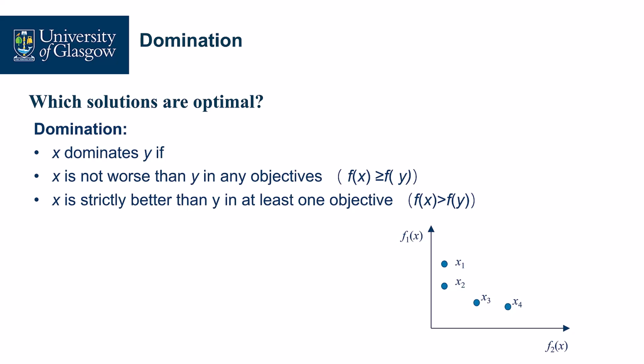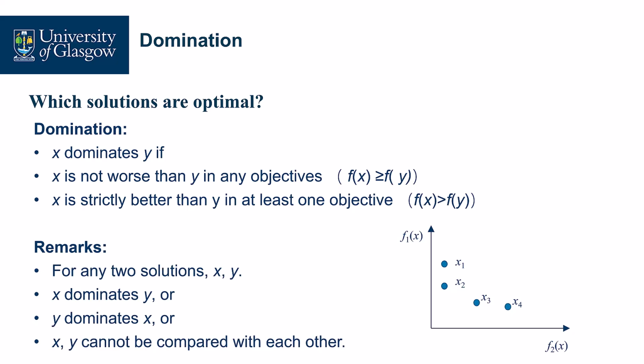Here we consider maximization, so f(x) is larger than or equal to f(y). Larger than or equal to means not worse. And in at least one objective, x is strictly better than y. This means there is at least one objective where f(x) is strictly larger than f(y). So this is domination: x dominates y, considering maximization, is like that.